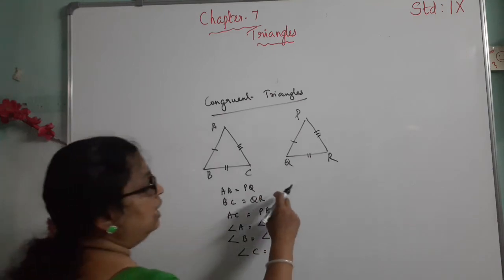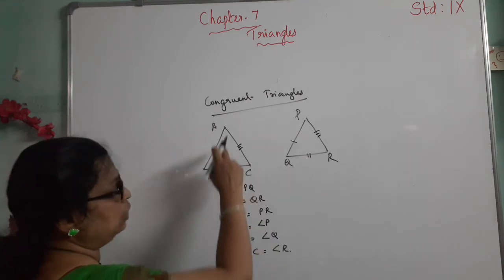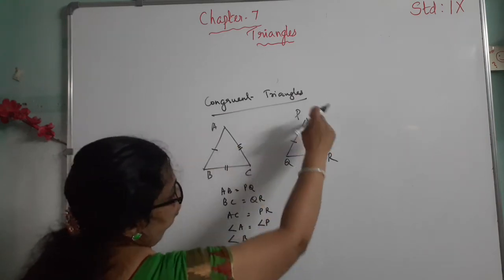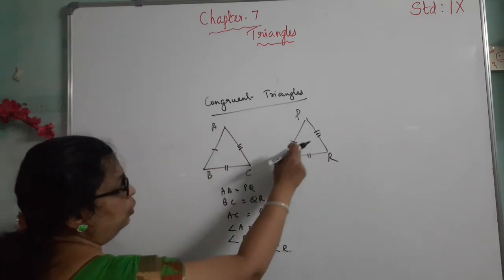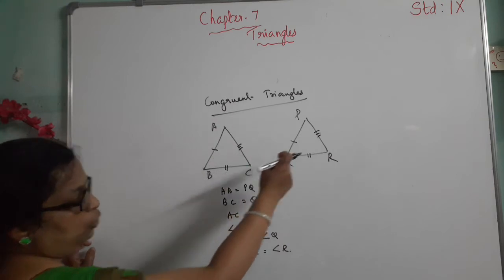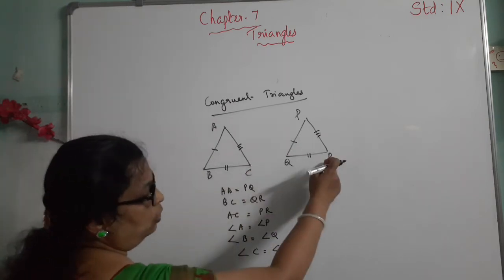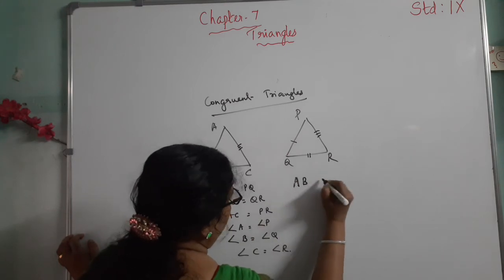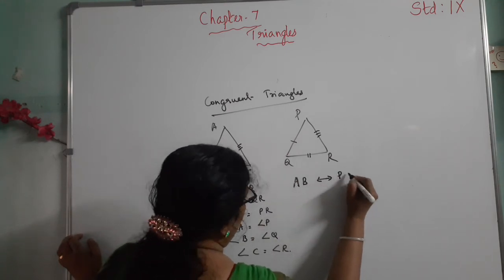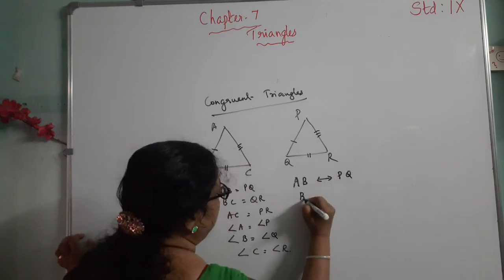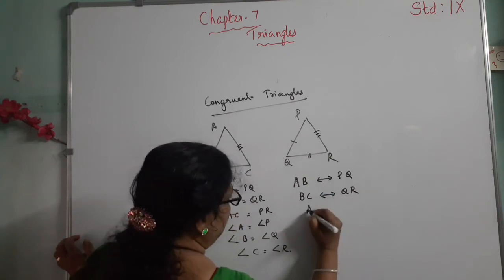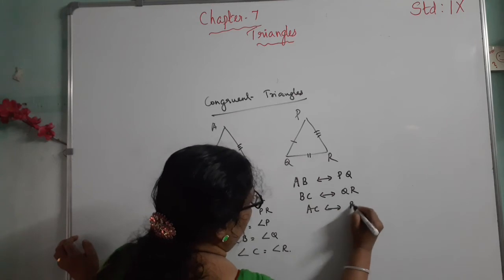These all are the correspondence, that is, AB is equal to PQ, BC to QR, AC equal to PR. Angle A equal to angle P, angle B equal to angle Q, angle C equal to angle R. Correspondence we write in this way: AB corresponds to PQ, BC corresponds to QR, and AC corresponds to PR.